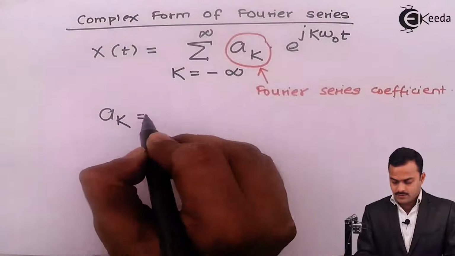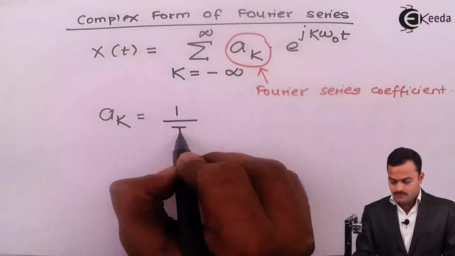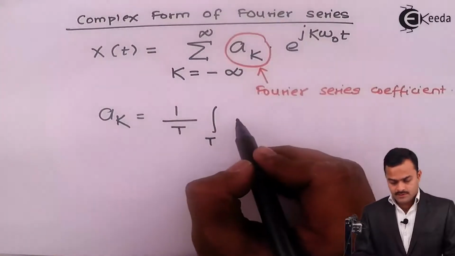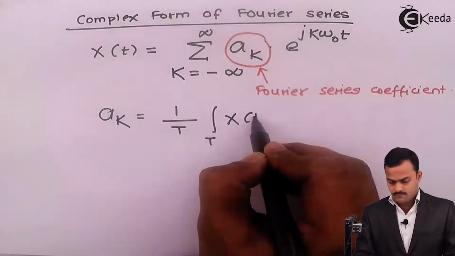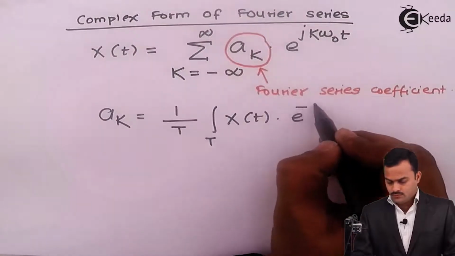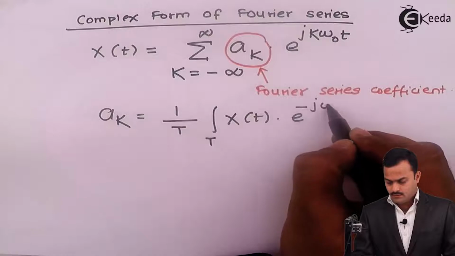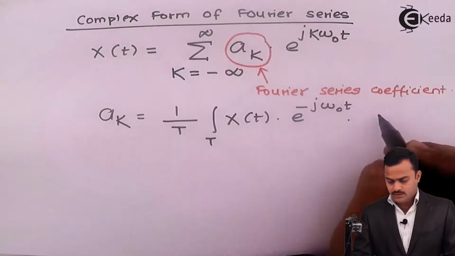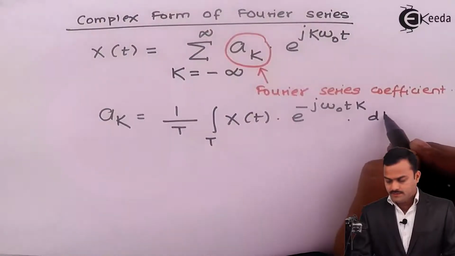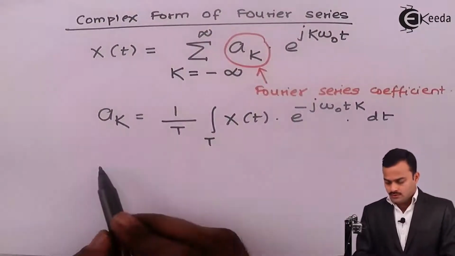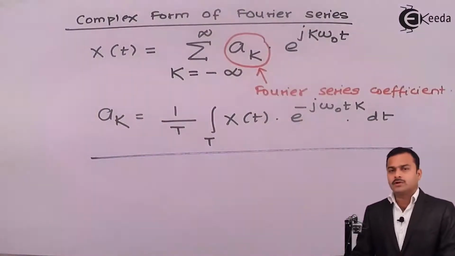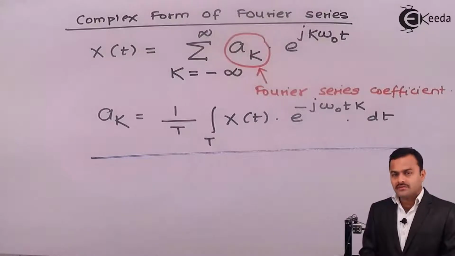a k is nothing but 1 upon time period, integral over that time period, x of t into e raised to minus j k omega 0 t dt. So this is the formula which we need to use in order to get the Fourier series coefficients.